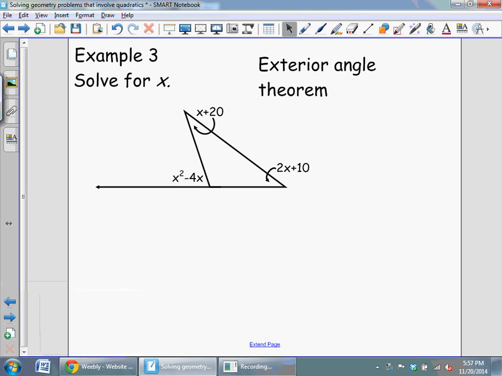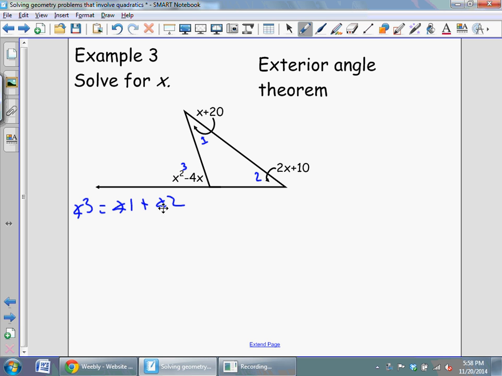So as you know, the exterior angle theorem, I called this angle 1. This is angle 2, and we'll call the outside angle 3. So the exterior angle theorem says angle 3 is equal to angle 1 plus angle 2, right?